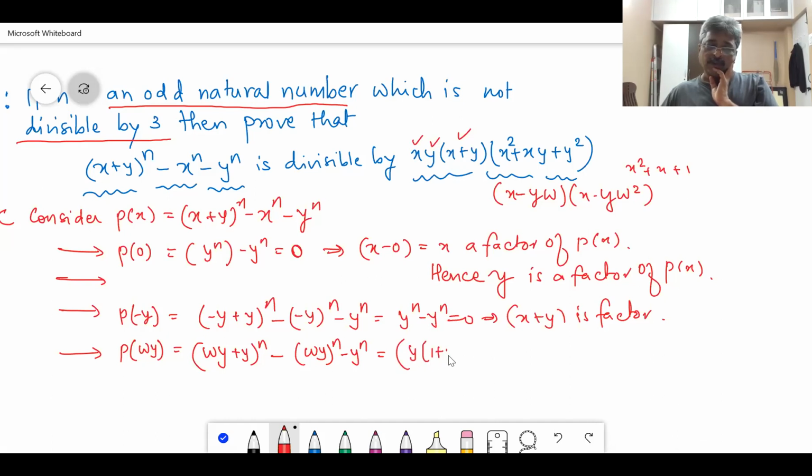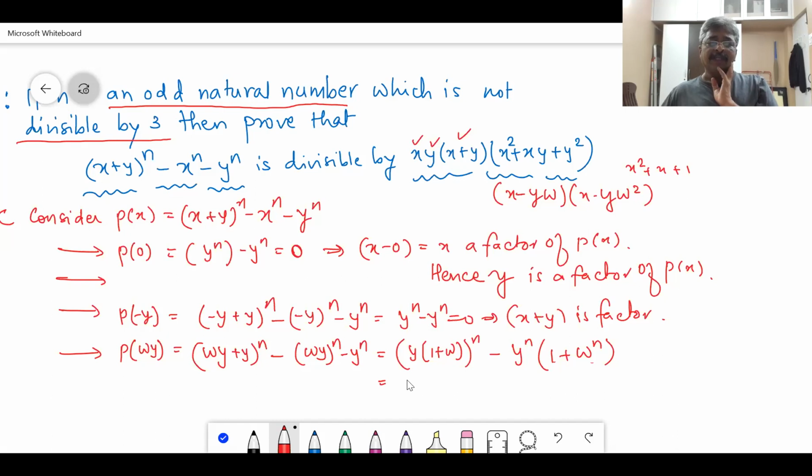Inside you get 1 plus omega raised to n minus omega raised to n, y raised to n, minus y raised to n. So here also I can take out some common factor y raised to n, inside the bracket 1 plus omega raised to n. Is that right?